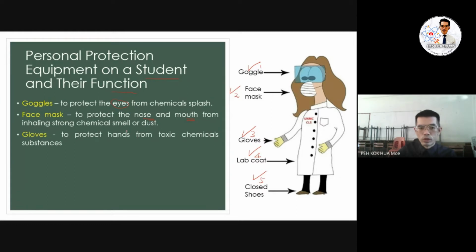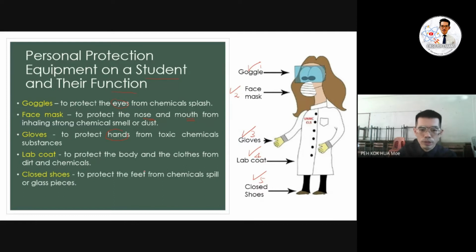The glove protects your hands from toxic chemical substances. The fourth, the lab coat, is to protect your body and clothes from dirt and chemical. The last one, closed shoes, protects your feet from chemical spills or glass pieces. So these are the total 5 personal protective equipment for students and their respective functions.